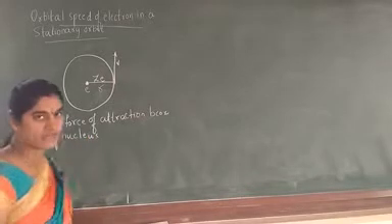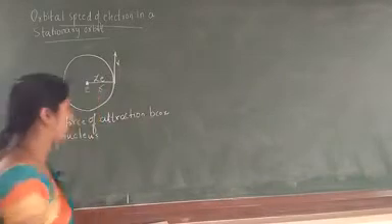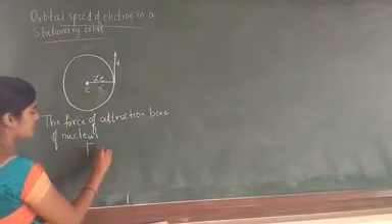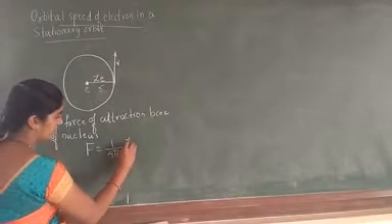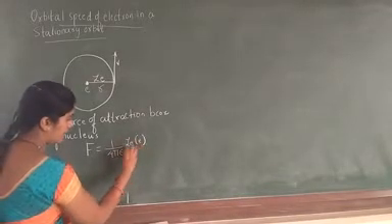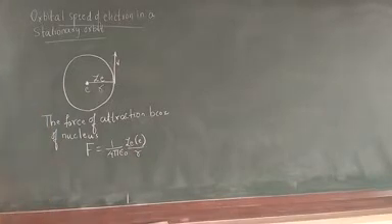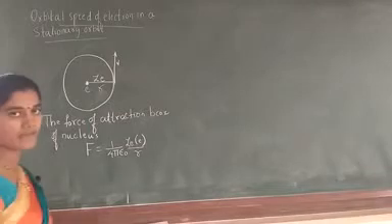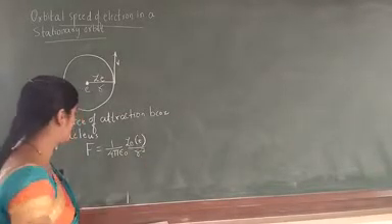And we know the electrostatic force of attraction is F equal to 1 divided by 4 pi epsilon naught into Ze into e by r square.